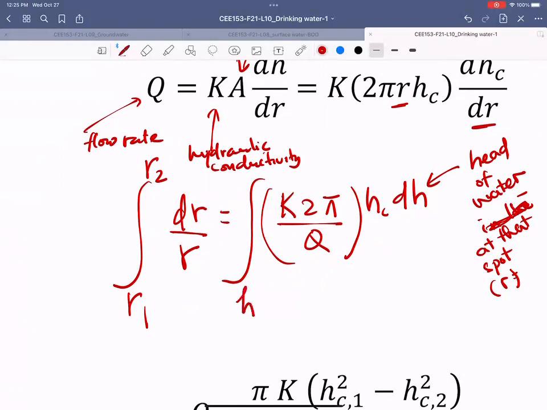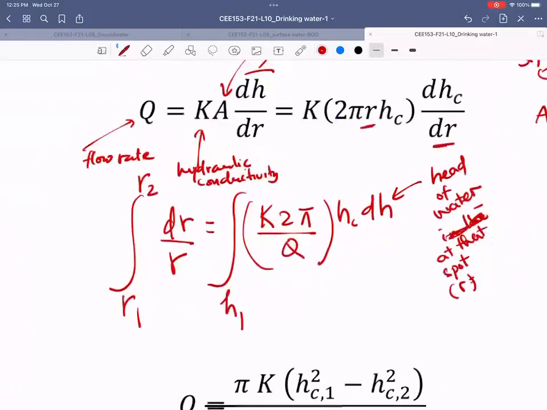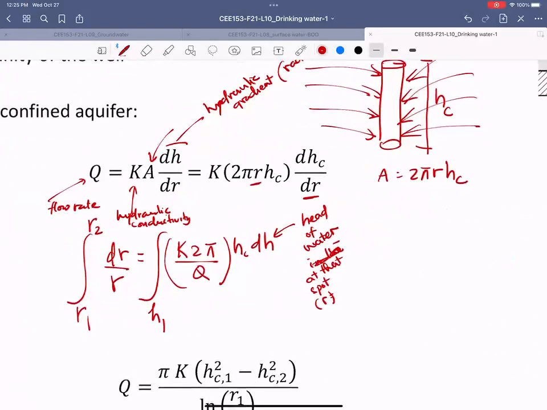So let's say at radius R1, the head, because of the cone of depression, drops to H1, and at radius R2, the head is H2.